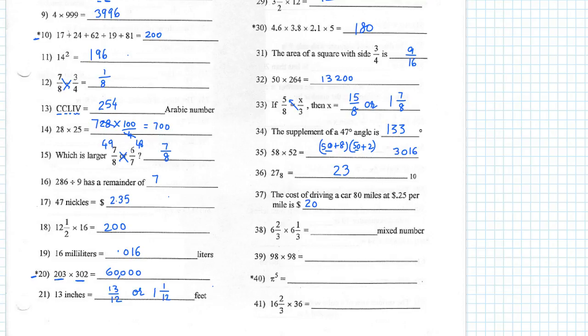So 36 plus 2 is 38, and then you multiply 6 with 2/3, so that's 4, and so now you have 38 plus 4, which is 42, and then you multiply 2/3 with 1/3, so that is 2/9. So the answer is 42 2/9, right?